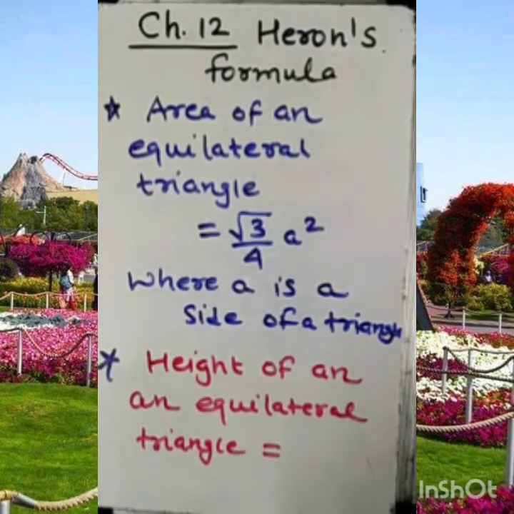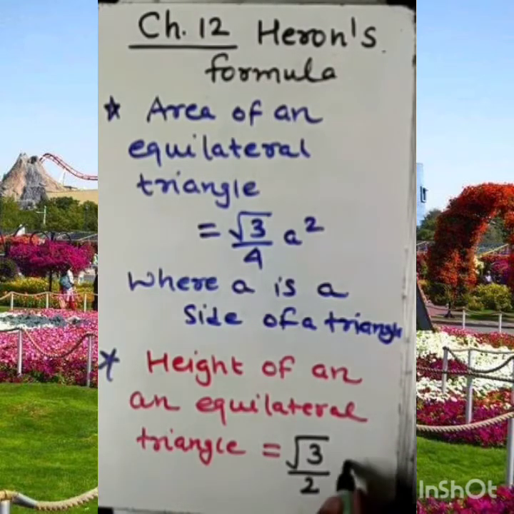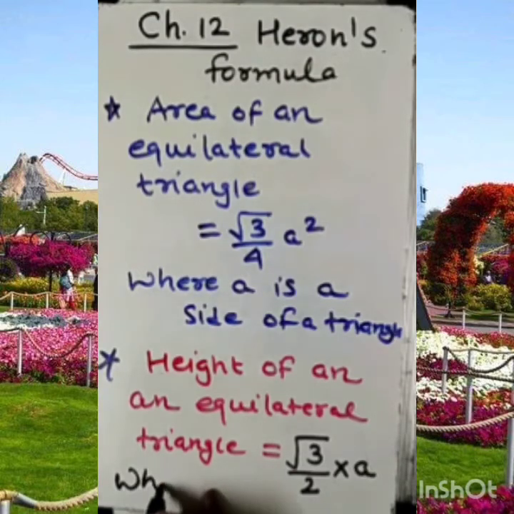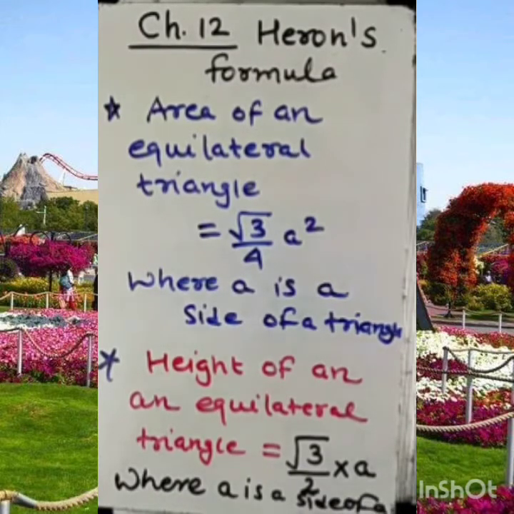The formula is root 3 by 2 into a, meaning root 3a by 2. This you can also write. And what is a here? a is the side of a triangle. This is quite easy. Got it?